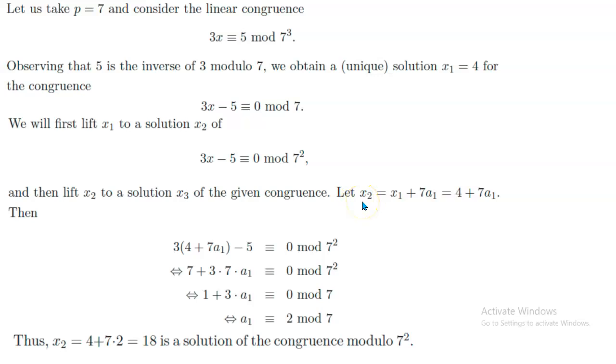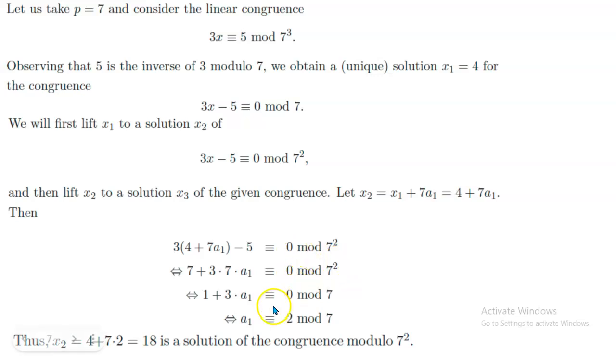So we get x2 equal to x1 plus 7a1, which is equal to 4 plus 7a1. Then we have found x2, with 3 times x2 minus 5 equal to 0 mod 7^2.